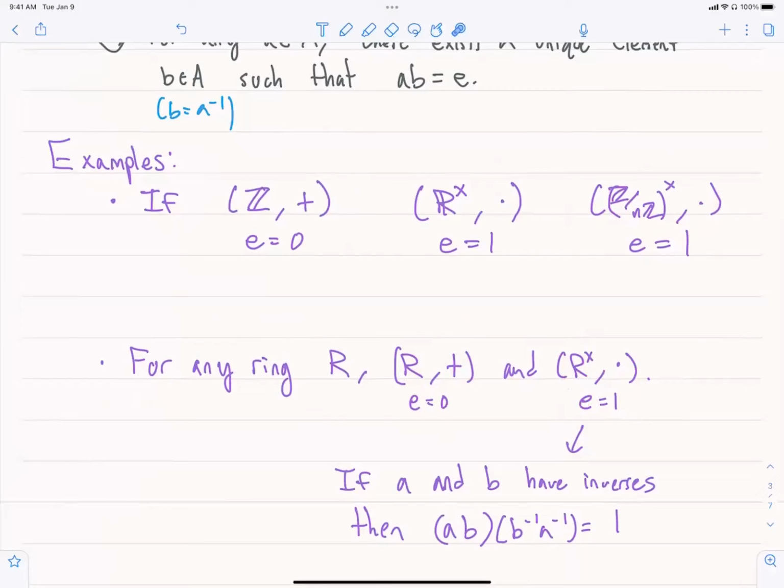If A has an inverse and B has an inverse, then the product AB also has an inverse, and it's just B inverse times A inverse. If I expand out AB times B inverse A inverse, first I'd cancel the middle terms, then cancel the rest, and I just get 1.